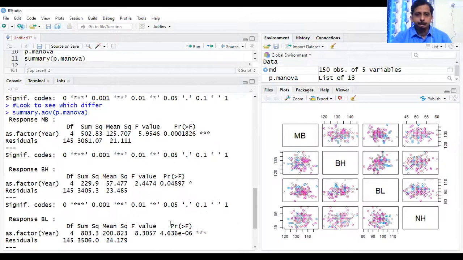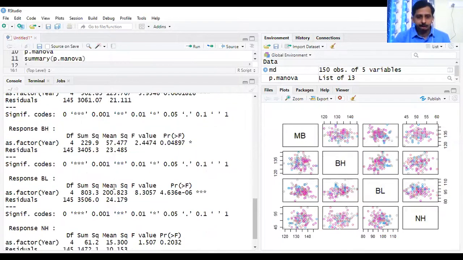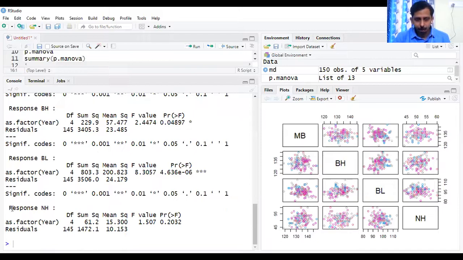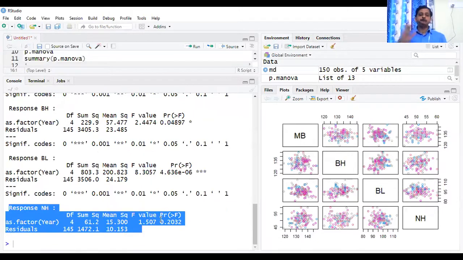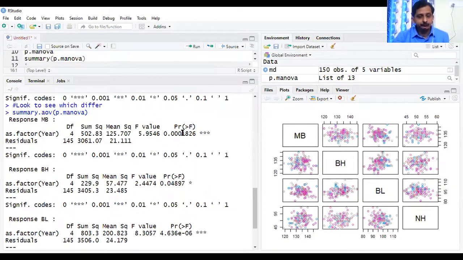When we did the overall MANOVA, we had the impression that the difference might exist in almost all measurements of the skull data. But when we did the same thing per variable, the result came out in a nice way: on average, there is no change in the nasal height over the years, but there is a significant impact on the length of the skull, as well as height and breadth.